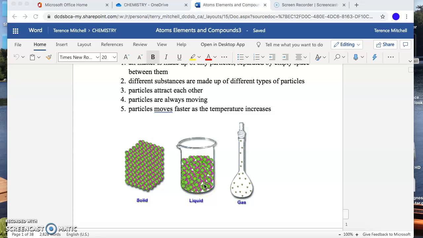If I pour this into a different shaped container, the shape of that water would change. And last but not least, we have gas. You can see in this case that the molecules are moving the fastest. They also take the shape of the container, so it totally fills this container. If I put it into a bigger container, the gas molecules would spread out further and occupy the whole container as well.